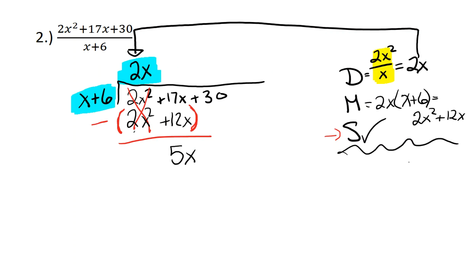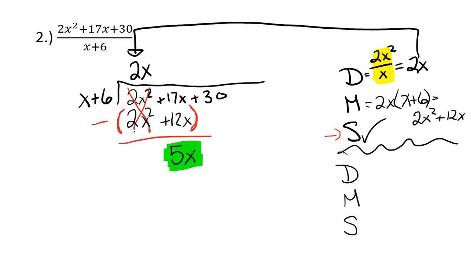So then what happens after I do those three? If you remember, we just repeat. Divide, multiply, subtract. Now this time, what I'm going to divide is this new number, 5x, by the number here. 5x divided by x equals 5. It's a positive 5, so I do plus 5.